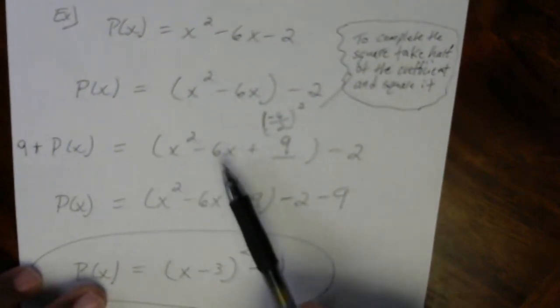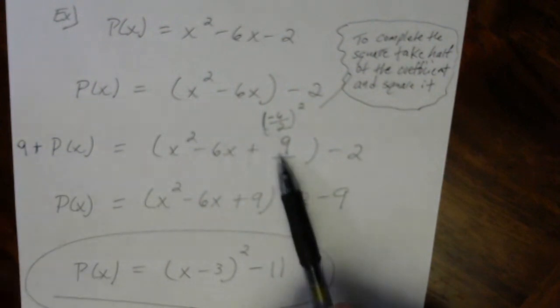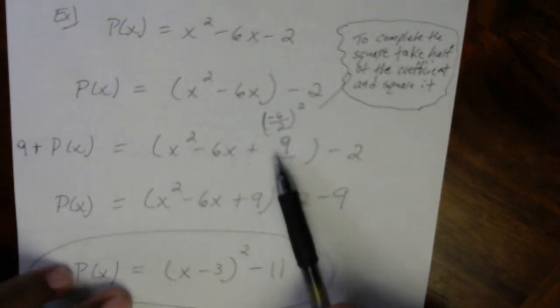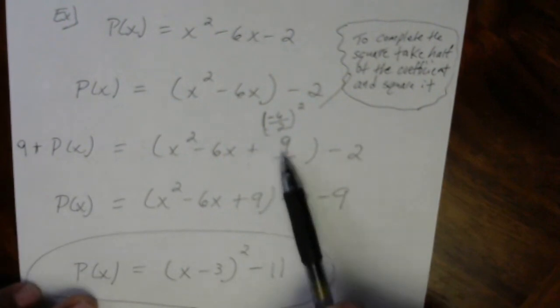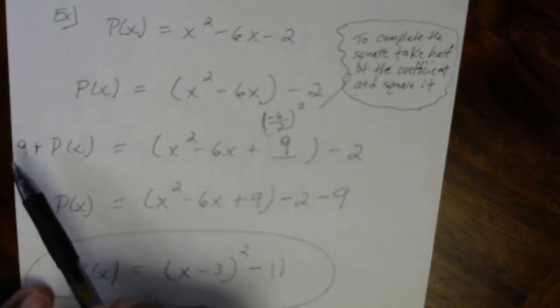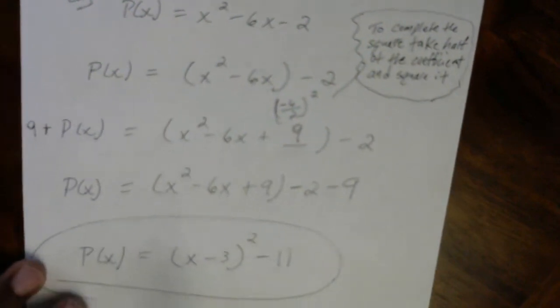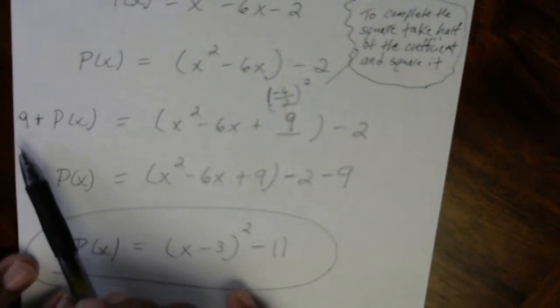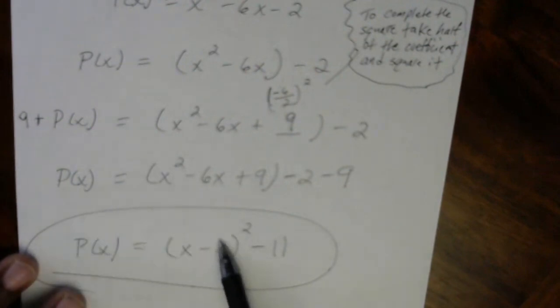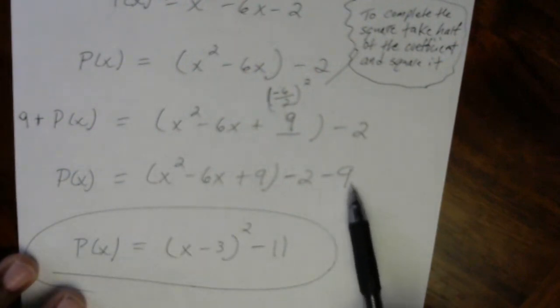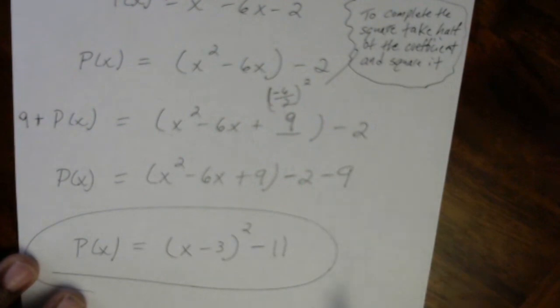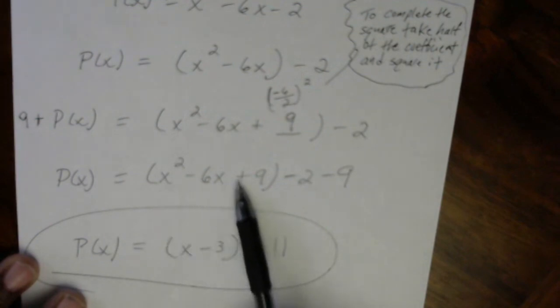Next, we took half of the coefficient of the middle term and squared it to get 9. Since we added 9 to the right-hand side, we had to add 9 to the left-hand side. Then we moved our 9 to the other side, so we transposed it. Then we pulled out our perfect square trinomial from our completed square, and we simplified.